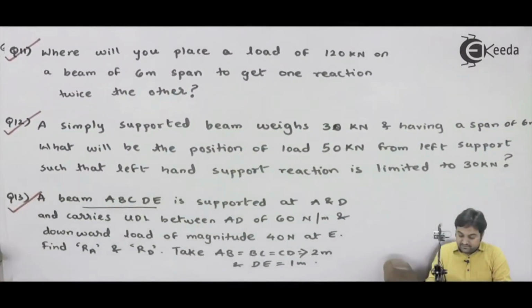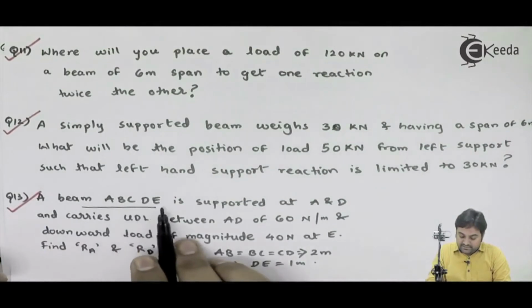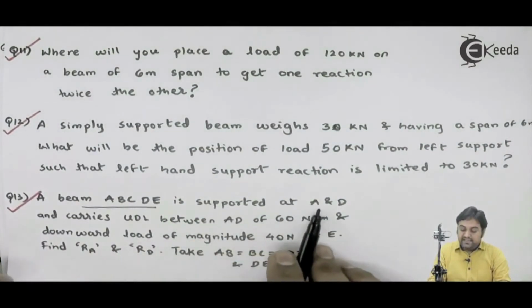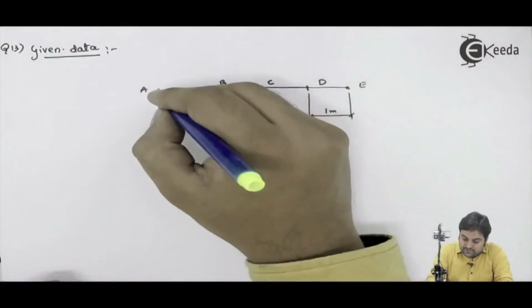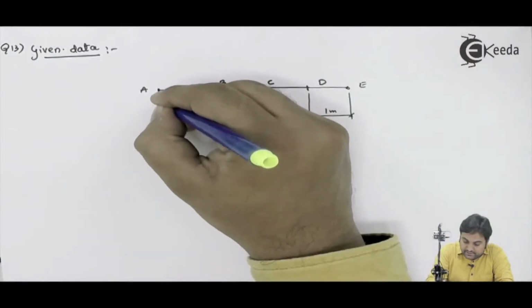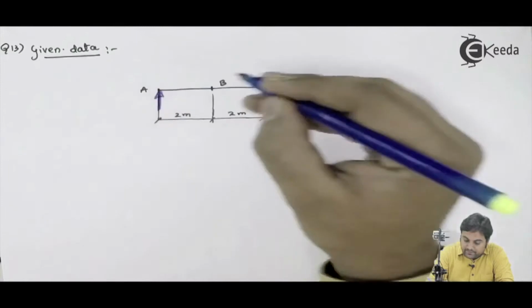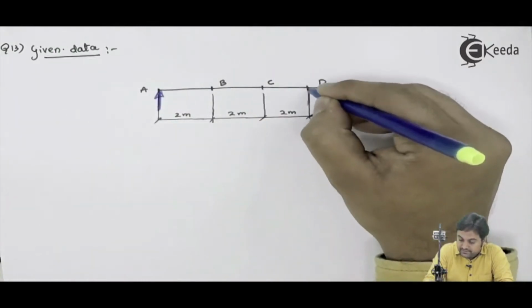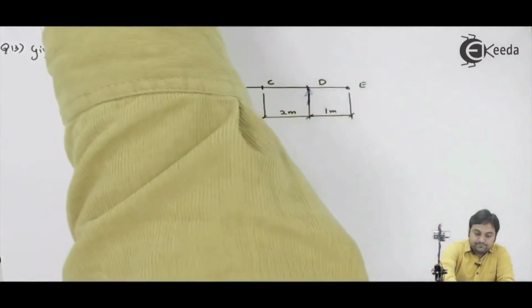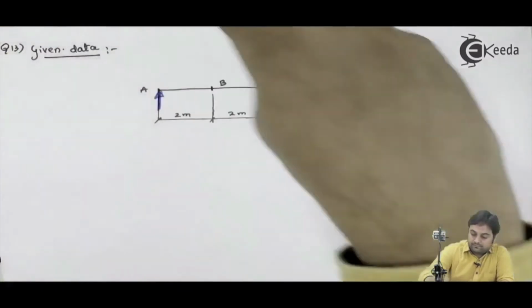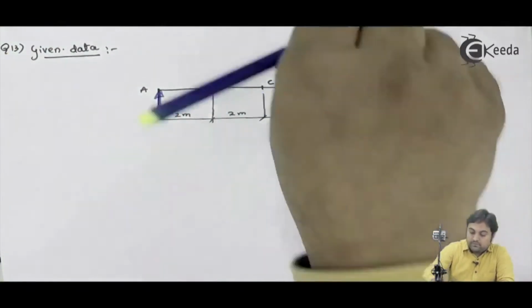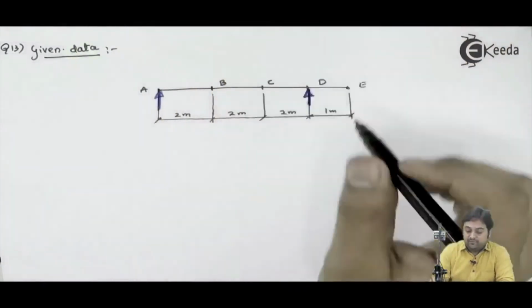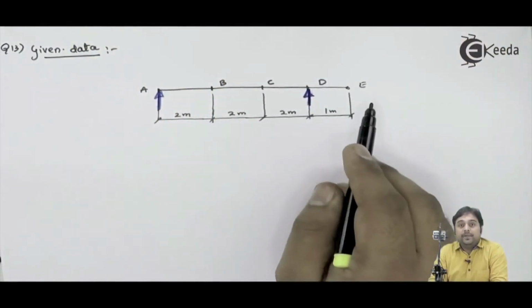Then it is given that a beam ABCD is supported at A and D. If we look in the diagram, this beam is supported at end A and it is supported at D. This kind of beam is not a simply supported beam.